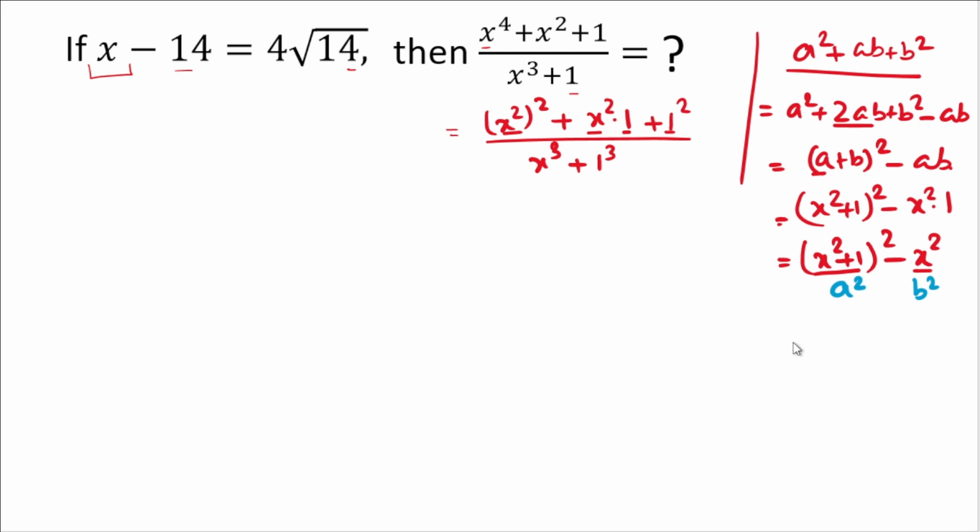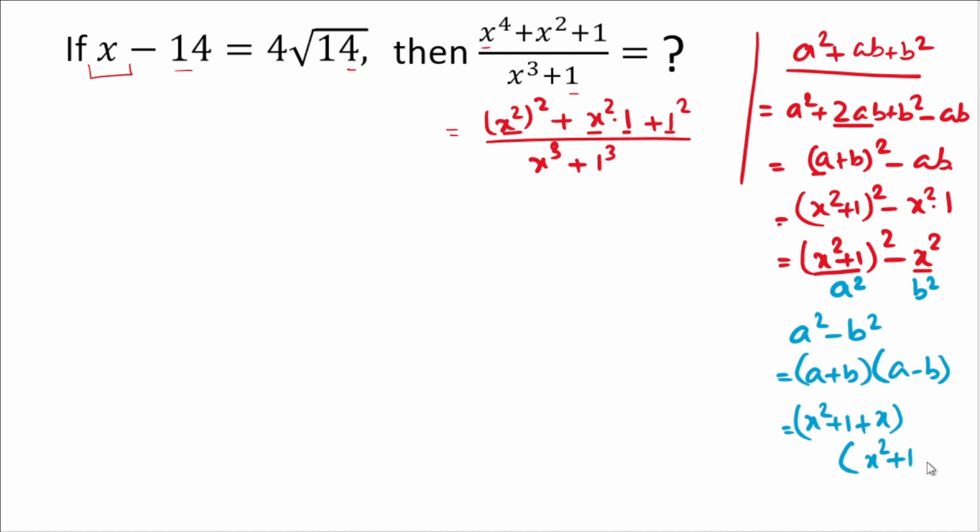Now we know the formula of a^2 minus b^2, that is (a plus b) multiplied by (a minus b). Here a means x^2 plus 1 and b means x, so we write (x^2 plus 1 plus x) multiplied by (x^2 plus 1 minus x).